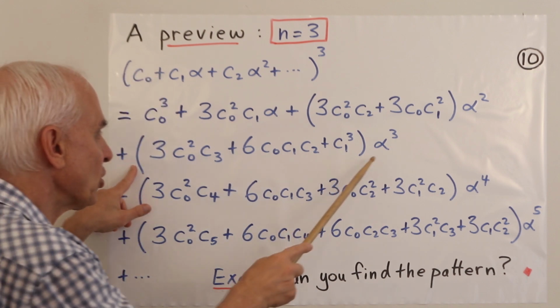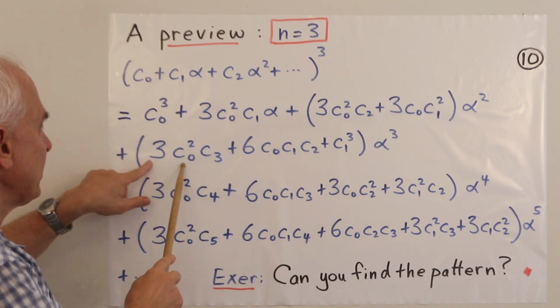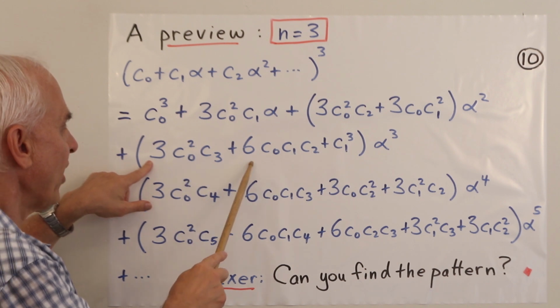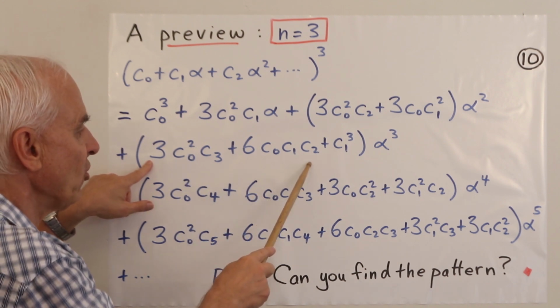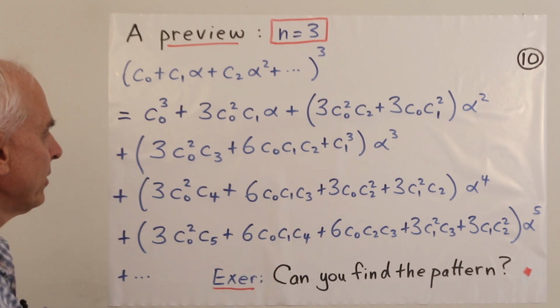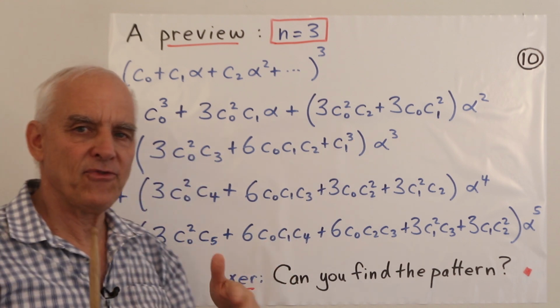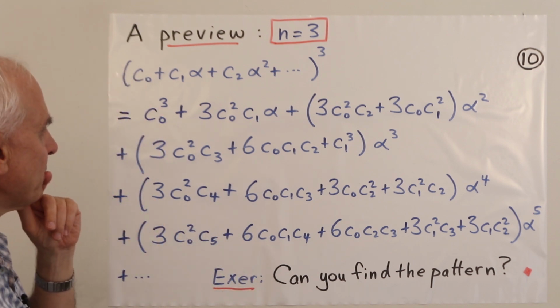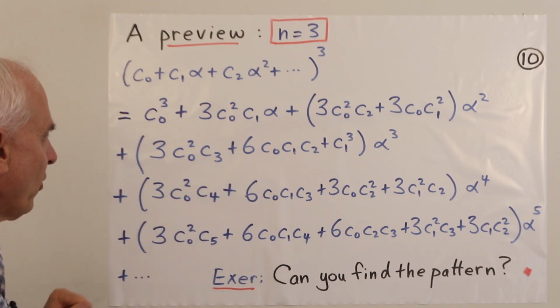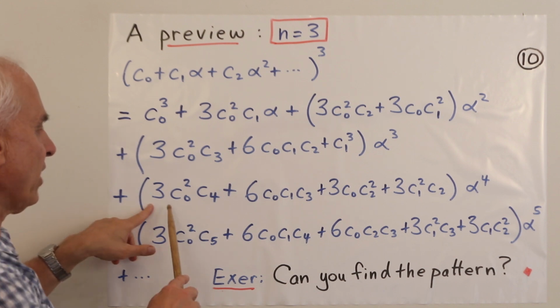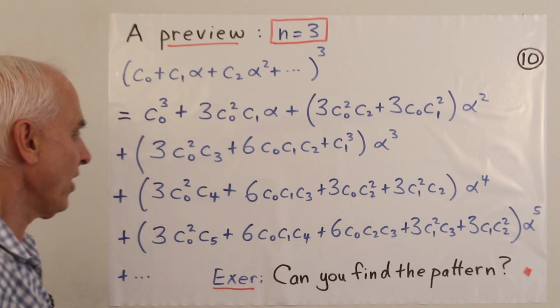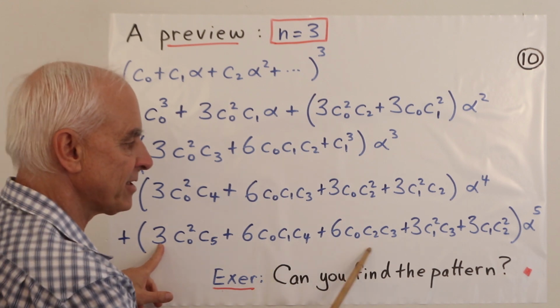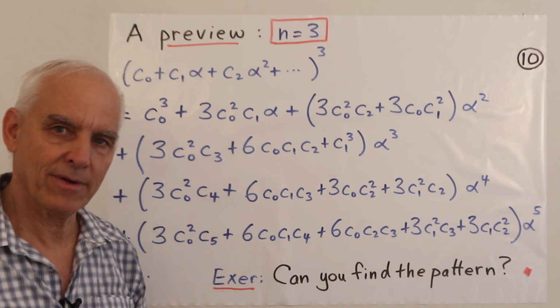And the coefficient of alpha cubed is going to be 3c0 squared c3 plus 6c0 c1 c2 plus c1 cubed. We can feel something of the trinomial theorem there, but maybe something in addition also. And then for alpha to the fourth, well, we get these 4 terms. Alpha to the fifth, these 5 terms.